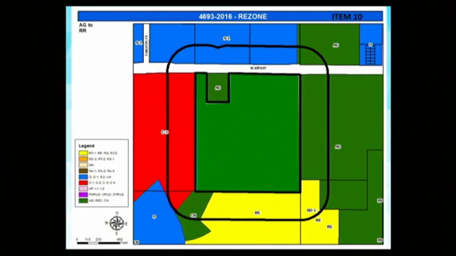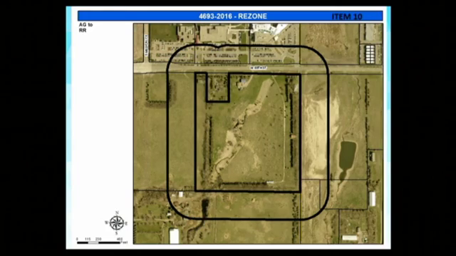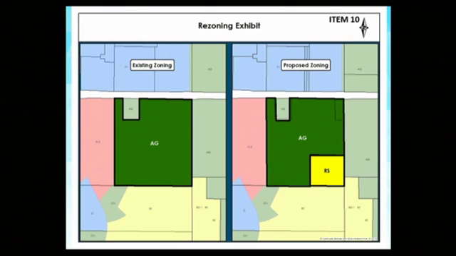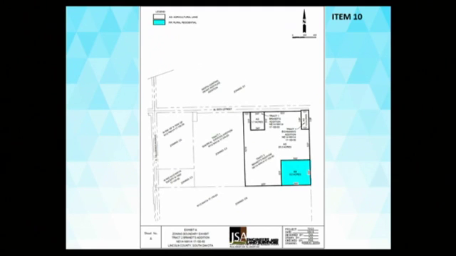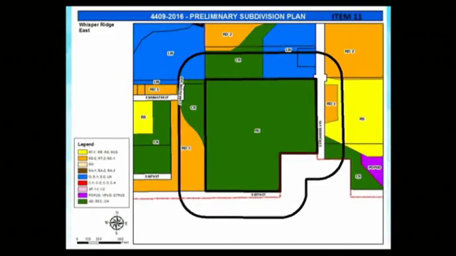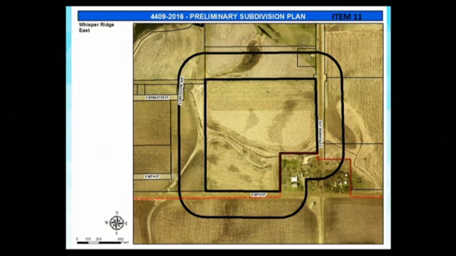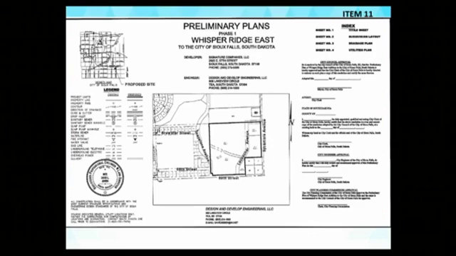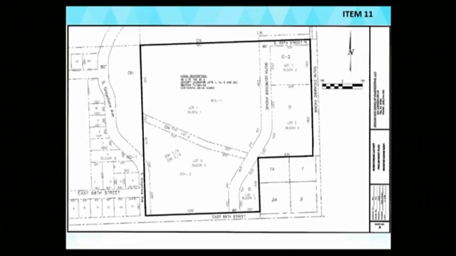Item 10, 4693 2016 rezone from the AG Agriculture District to the RR Single Family Residential Rural District for allowed forms located south of West 69th Street and west of South Beale Avenue. Item 11, 4409 2016 preliminary subdivision plan for Phase 1 of Whisper Ridge Addition located north of East 69th Street and west of South Sycamore Avenue.